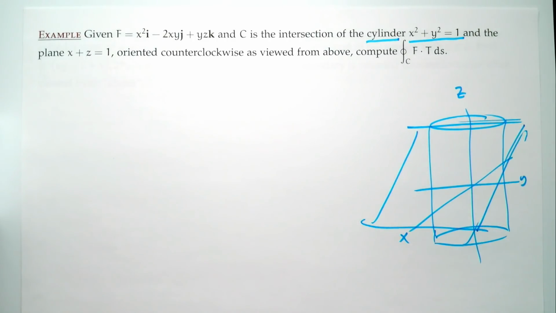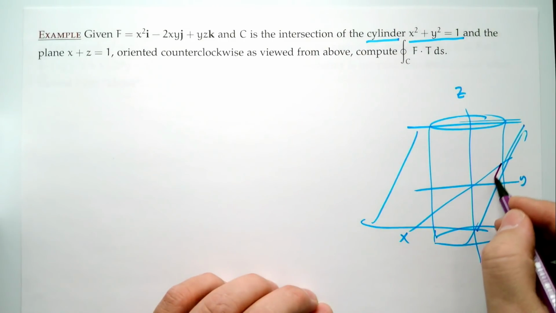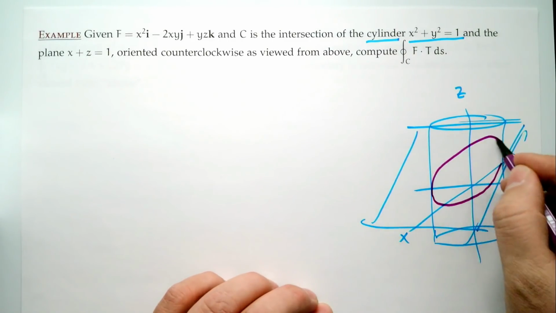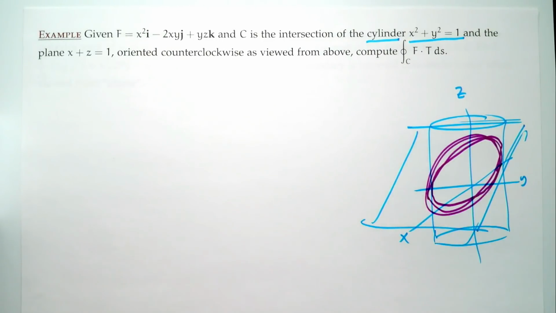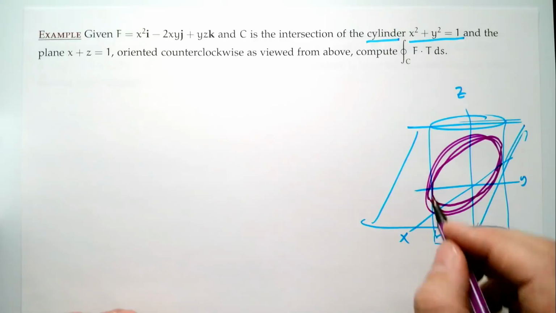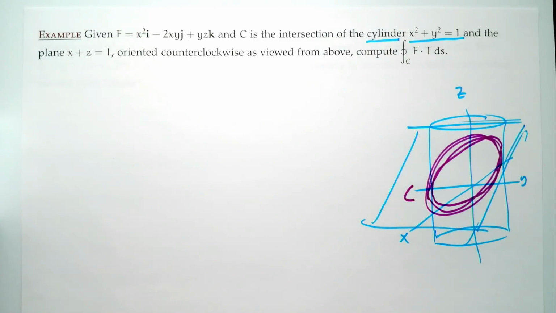And so I have this plane coming through, slicing the cylinder, and so the result of this slice is sort of kind of an ellipse. So there you go. There's your curve. There's your C. Now, that's the intersection of the plane with the cylinder.